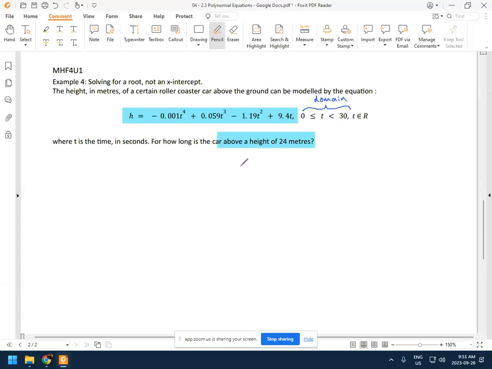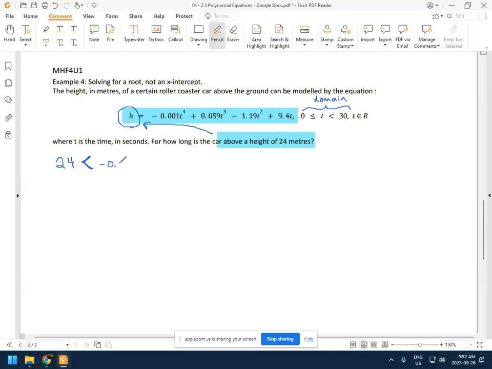What would that equation look like? Height of 24 meters. It's referring to the y value. And so, essentially what you're doing is 24 is the height. When is it going to be greater than 24?